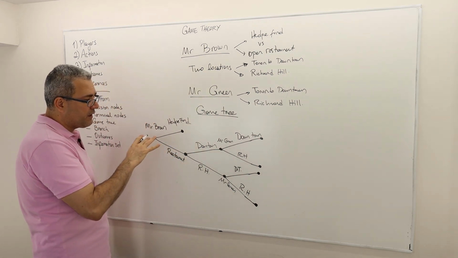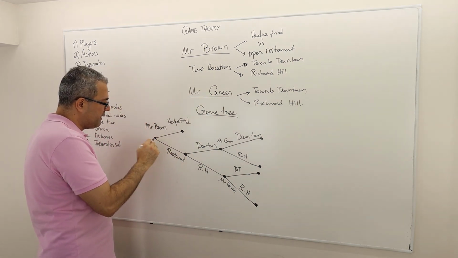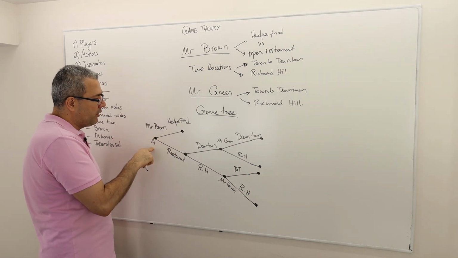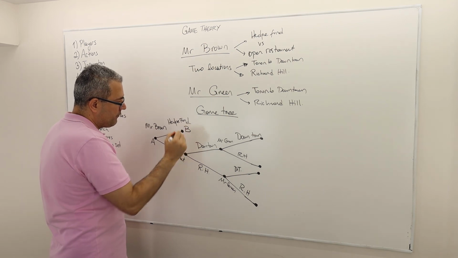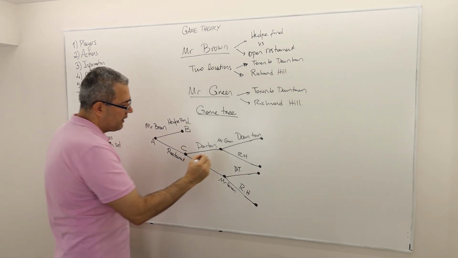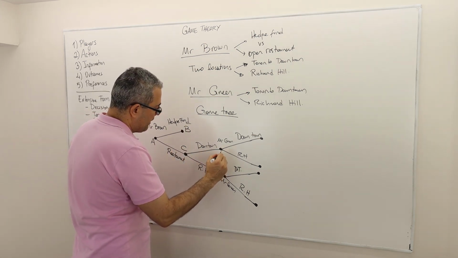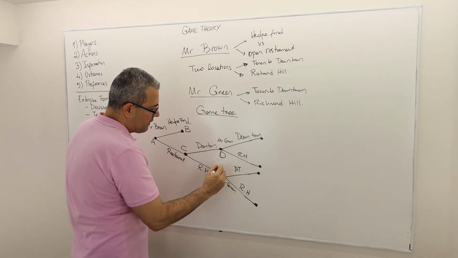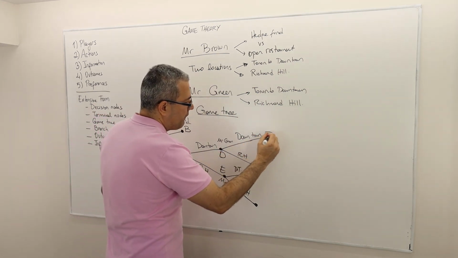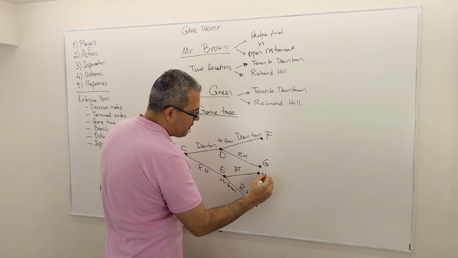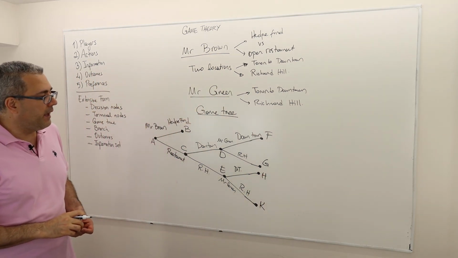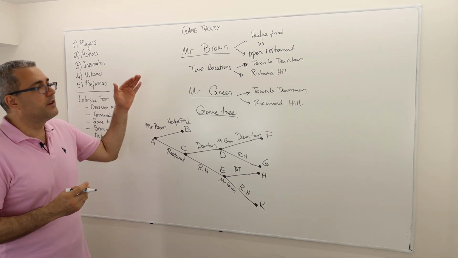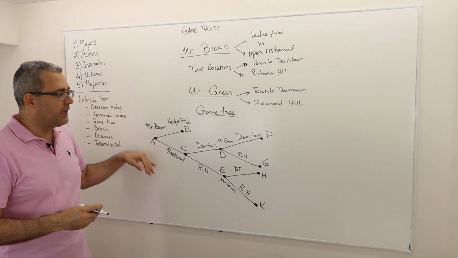So this point I'm going to call A. This I'm going to call B. This I'm going to call C. This is going to be D, and this is going to be E, F, G, H, and let's call this K.